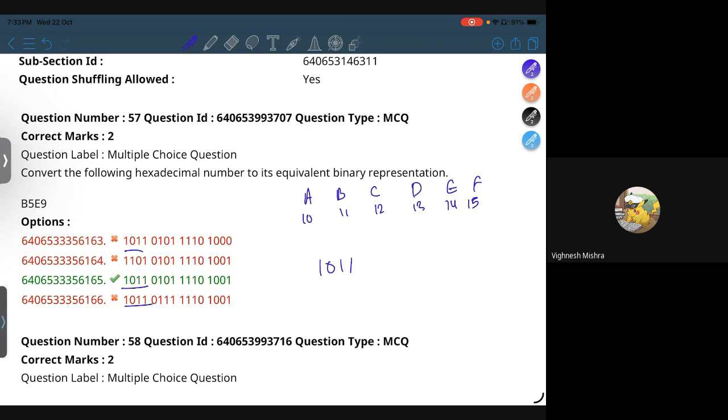Only three options, one cancels out. Then for 5, it's 0101. This will also get cancelled out. And then for E, it's 14, which is 8, 4, 2, and 0, so 1110. And the last one is 9, which is 1001. So yeah, this one. Fine.